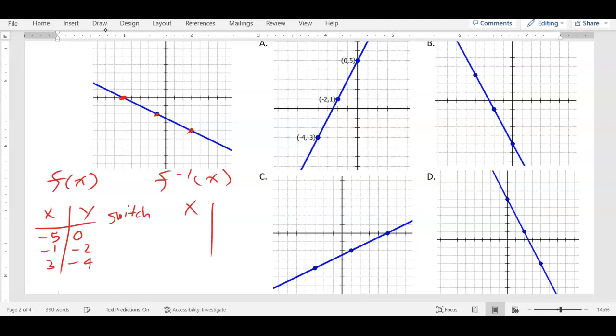So now I have 0, -5; -2, -1; -4, 3. So which one of these graphs has these points? Let's start with the first one. Which one has 0, -5?